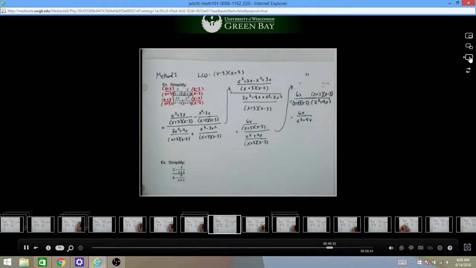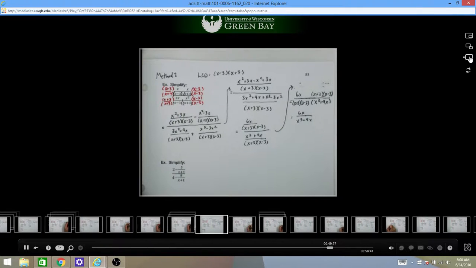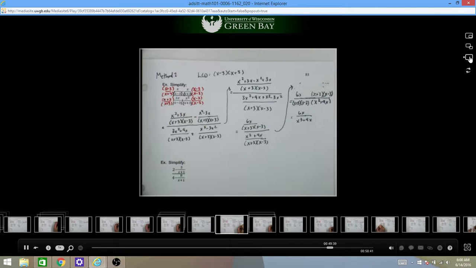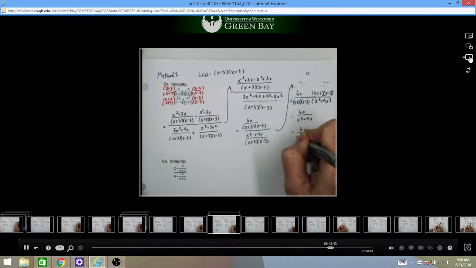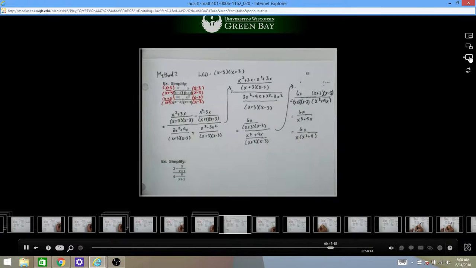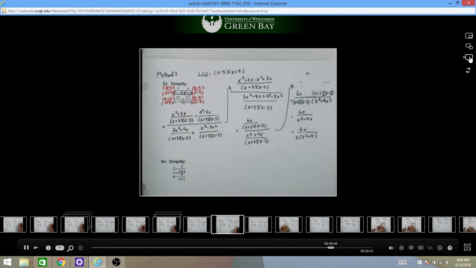Okay, so we can divide out an x from the denominator and reduce by x. So we have 6x over x times x squared plus 9. So 6 over x squared plus 9.